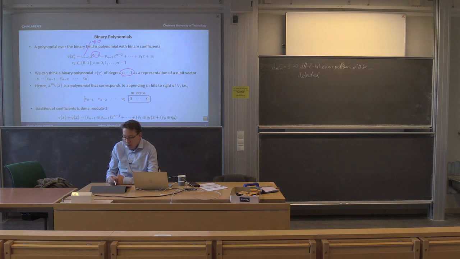And why is that? Well, if we count the number of terms in the sum, it is the degree plus 1. A 0 degree polynomial has 1 term, a 1 degree polynomial has 2 terms, and so forth.